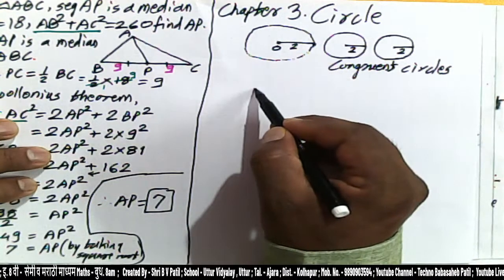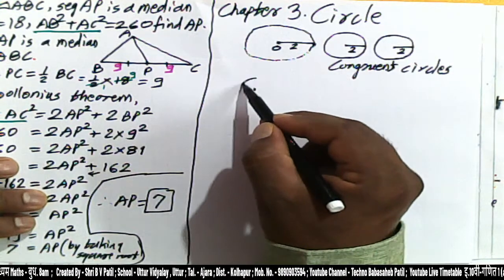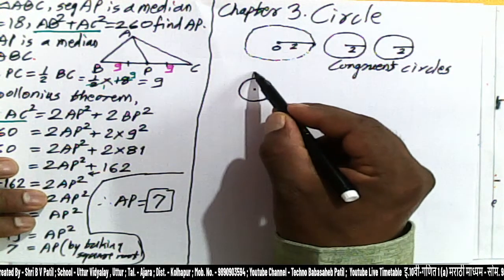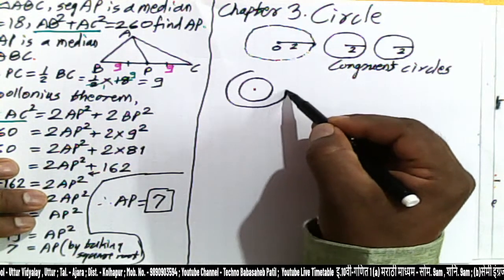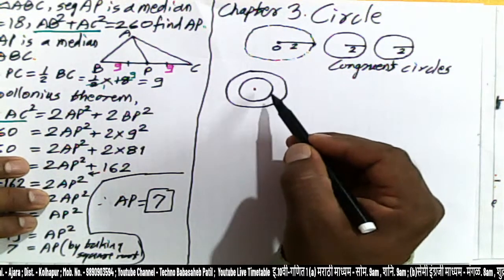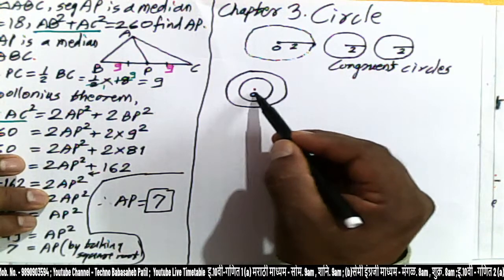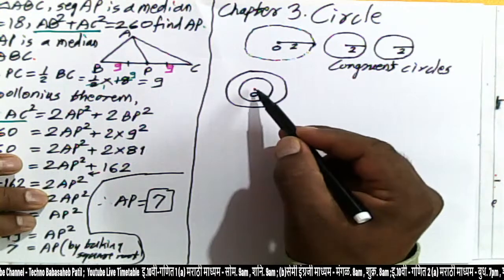Then here is a center, and one circle is drawn, then another circle is also drawn here. The small circle has center O. The big circle has center O also.